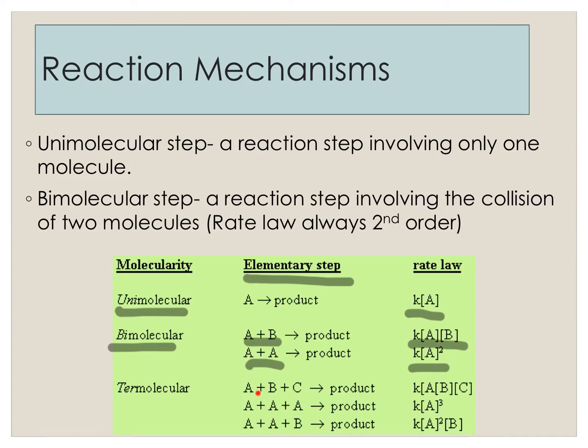This is very rare and very unlikely. More likely, one A will hit another A to make AA, and then that AA will hit another A to make AAA. But if this did occur, we'd write the rate law k[A]^3. So you can write a rate law based off only the reactants of the elementary step.